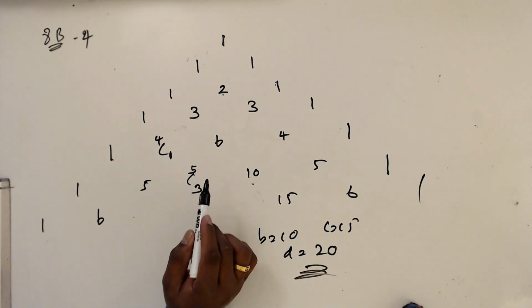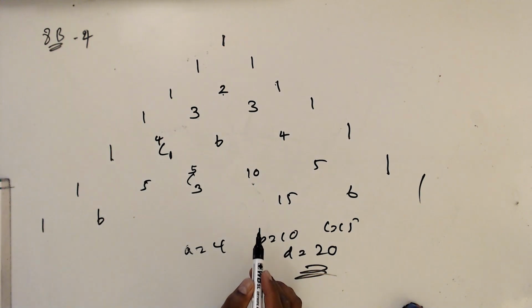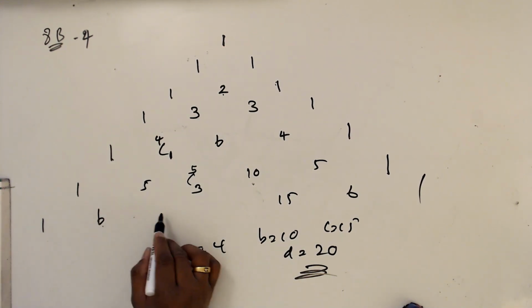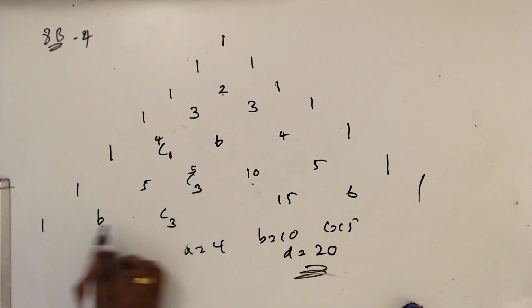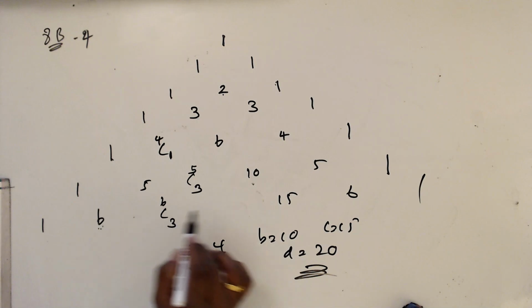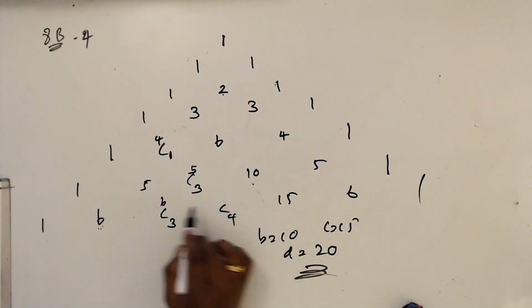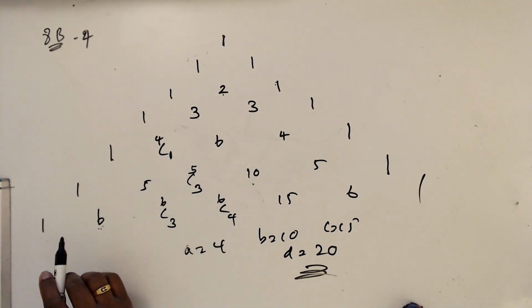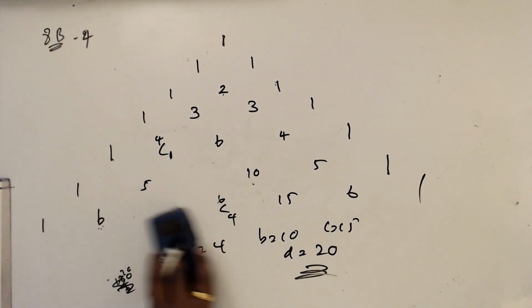Fifth, sorry, 5C3. And we want this one, 1, 2, 3, third term. In which power? It's 6. Then you want this fourth term, C4. And in this power it has to be 6. Okay, I think I had to rework this one.